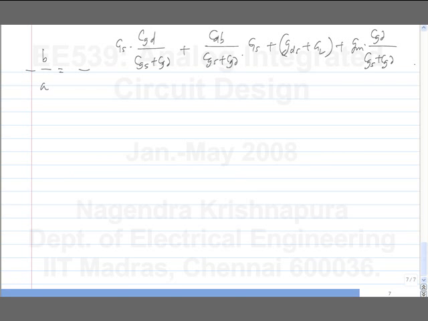Okay, divided by CGS plus CDB plus CGS CGD by CGS plus CGD. What is the denominator?